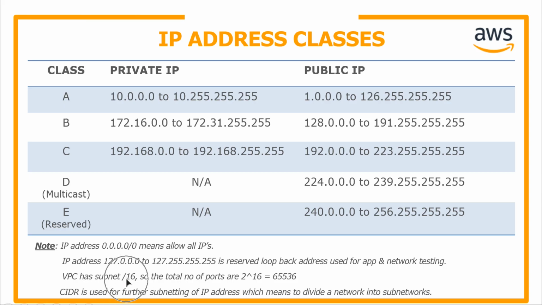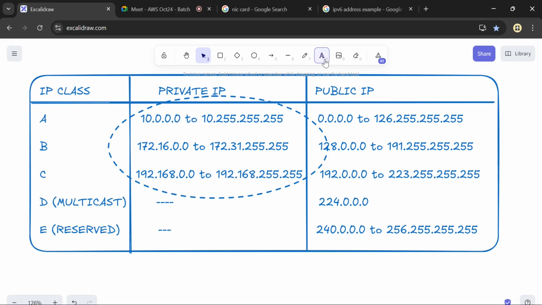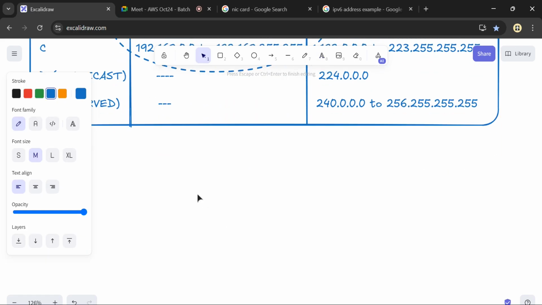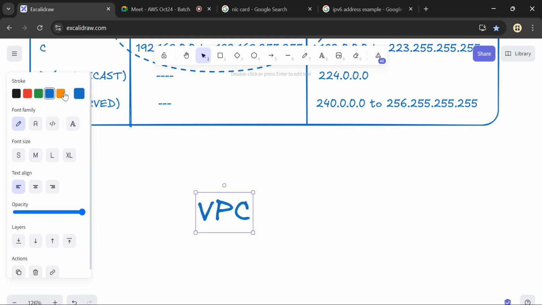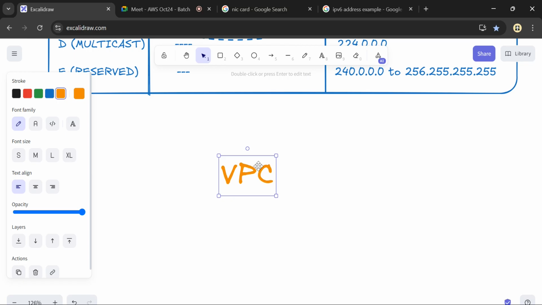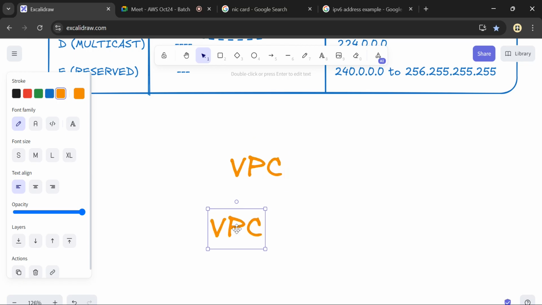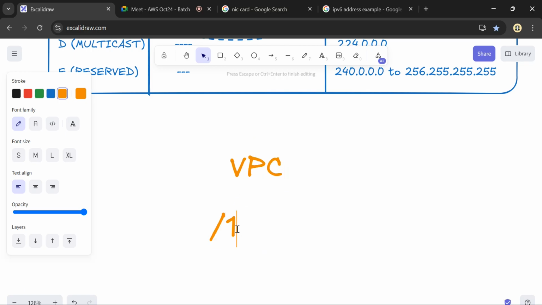Now a VPC has a /16 CIDR, and what is a CIDR? We will just understand. As I told you, a VPC will have CIDR blocks. So a VPC will have a CIDR block from /16 to /32.